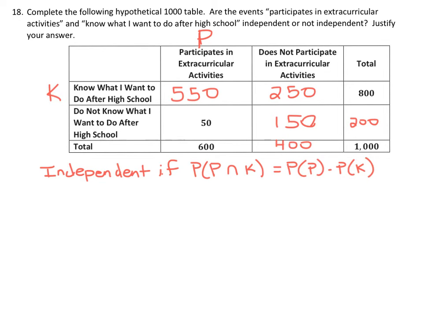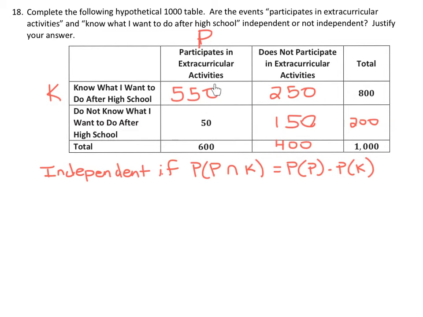Okay, so now we just have to look at our table and figure out what to plug in where. So now the probability of P and K. So P and K, participates in extracurricular activities and knowing what I want to do after high school. Well, there's 550 people that fit into both of these categories, right? This 550 is in this column and this row.